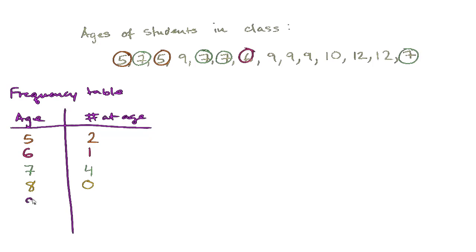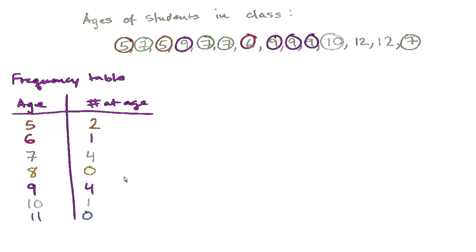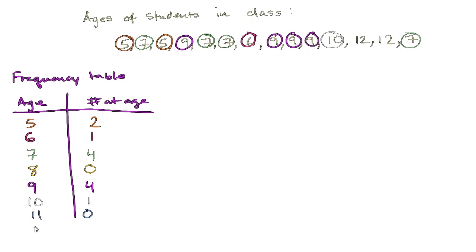We have 1, 2, 3, 4 9-year-olds. 10-year-olds, what do we have? We have 1 10-year-old right over there. And then 11-year-olds, there are no 11-year-olds. And then, let me scroll up a little bit, finally 12-year-olds. There are 1, 2 12-year-olds.